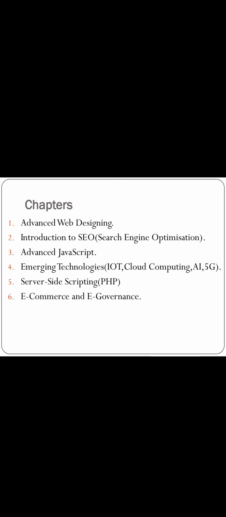Okay, so next, these are the chapters for the 12th standard. Now we will just go through a few points from each chapter. The first chapter is advanced web designing. Here we will be looking into the new form controls.